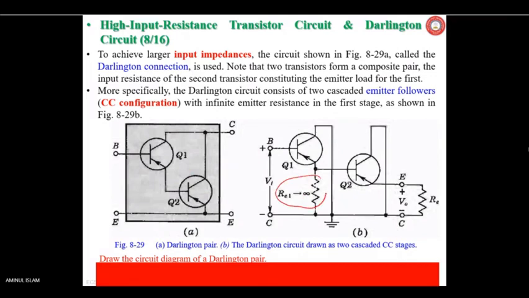This configuration is available jointly as a single device, fabricated by various companies.